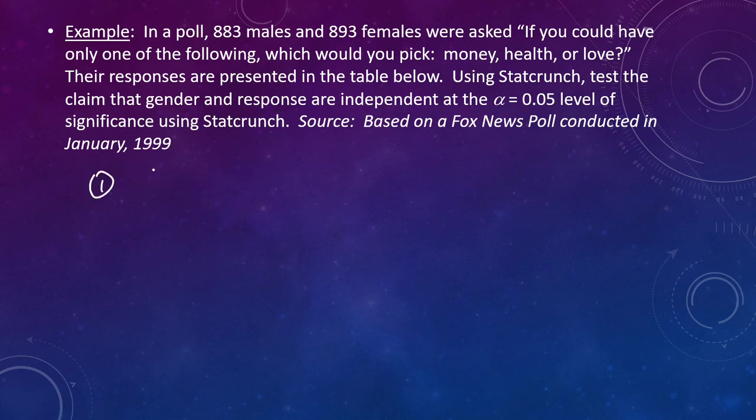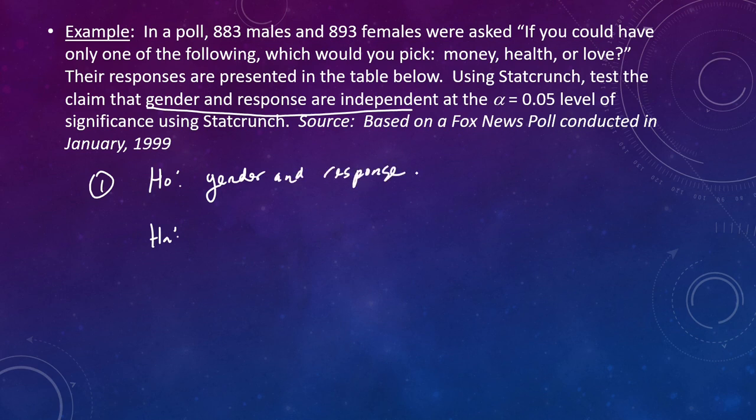Step 1 will state the null and alternative hypothesis. I have here that gender and response are independent. That's our null hypothesis. The null hypothesis always has the word independent in it. Gender and response are independent, which means they're not related.